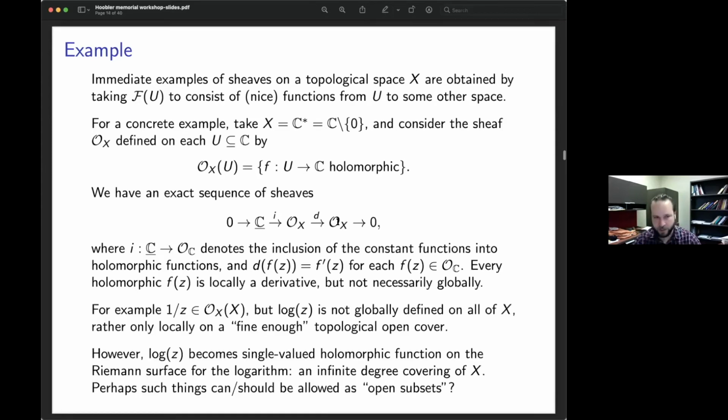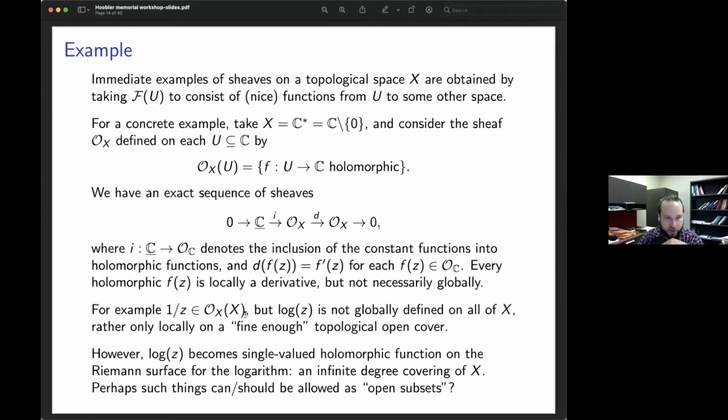In fact, the example is very familiar. The function 1 over z is holomorphic on the punctured plane, and from calculus 1 we know that the logarithm serves as a really reasonable antiderivative for 1 over z.